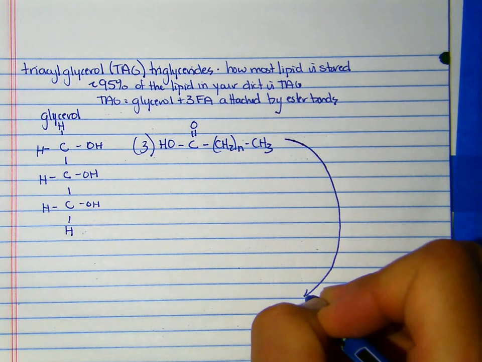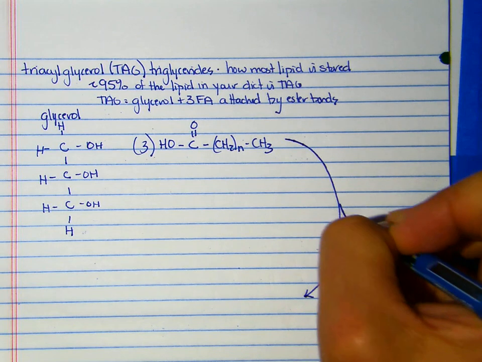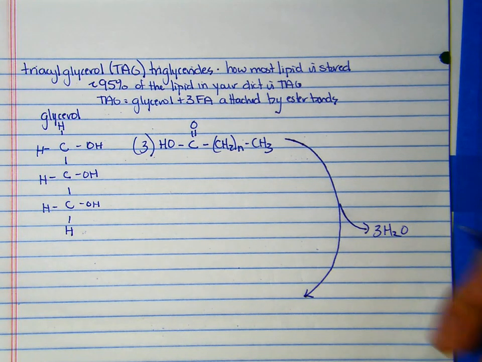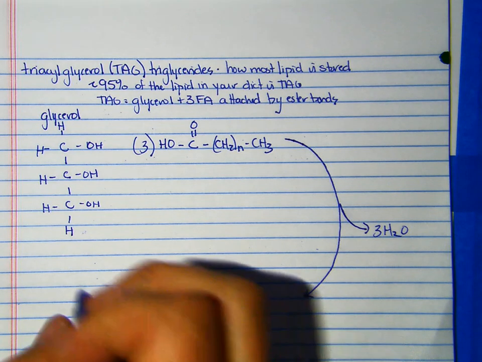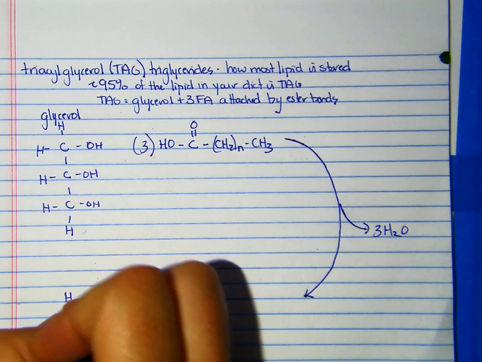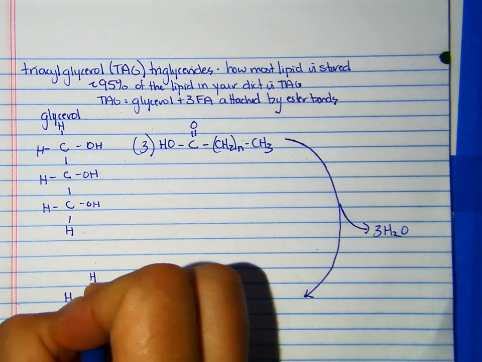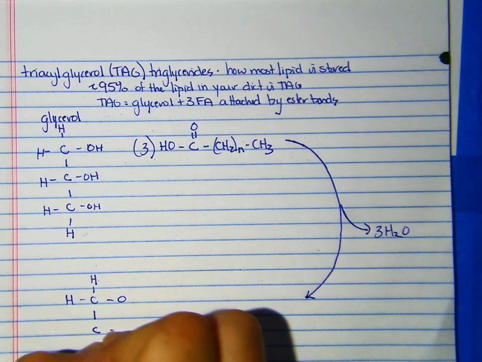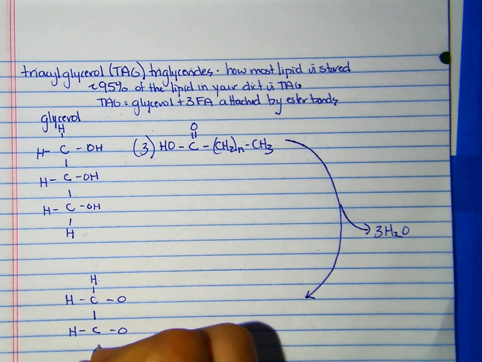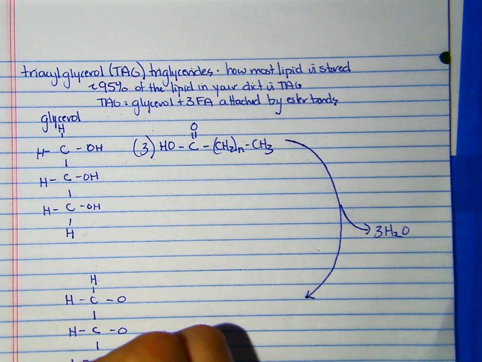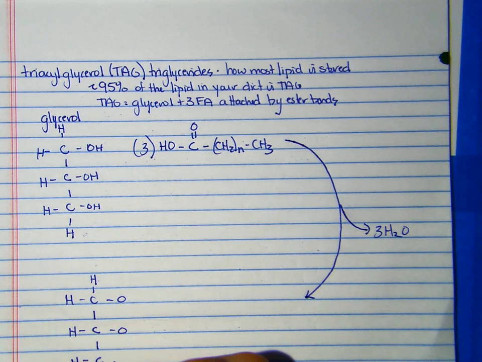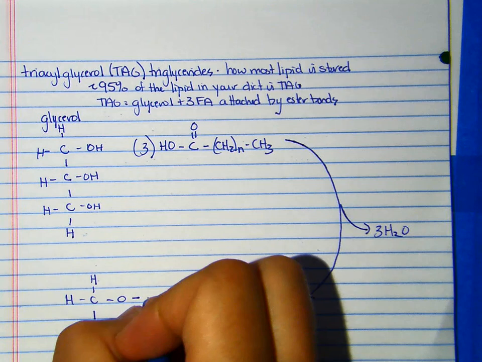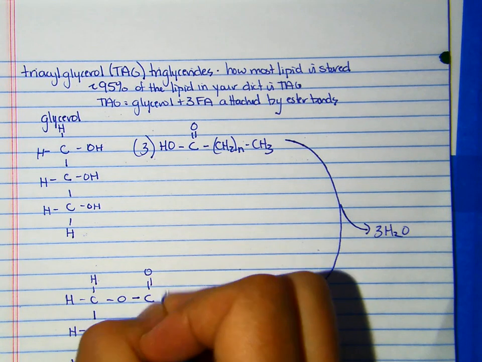When we form TAG, what's going to happen is we're going to remove 3 waters. And so we are going to form a glycerol. So write our glycerol. And so this glycerol is now going to be attached to 3 fatty acids.